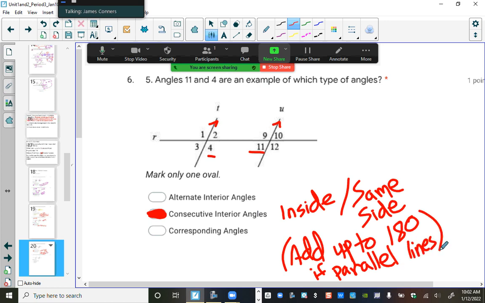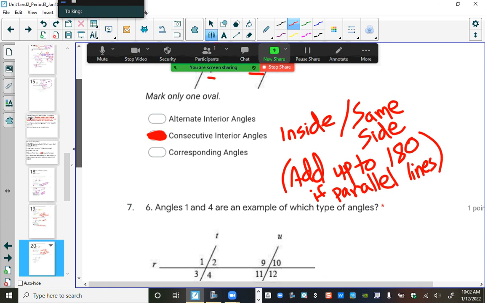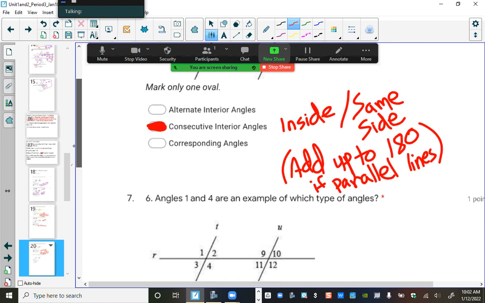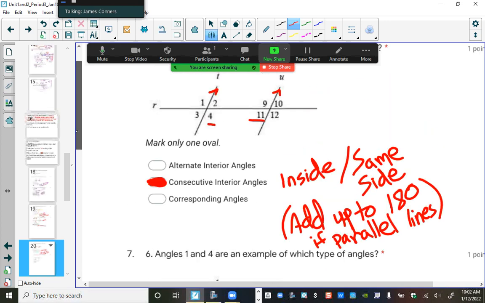In most cases, the problems I give you of this type will be parallel lines. So consecutive interiors are 4 and 11. Inside, same side of the transversal.